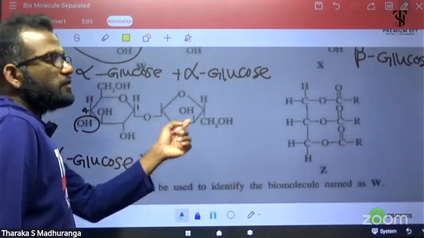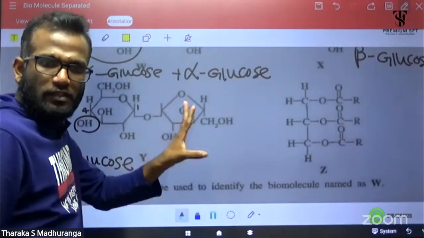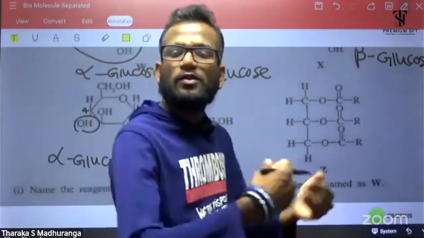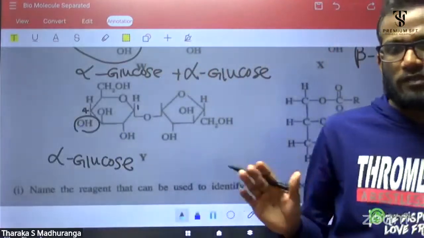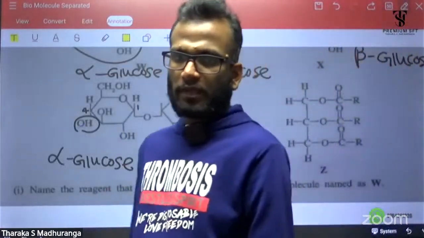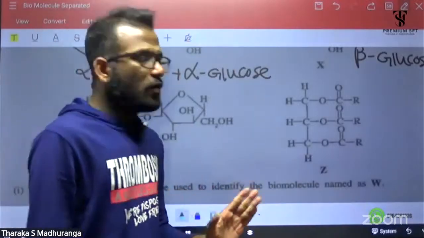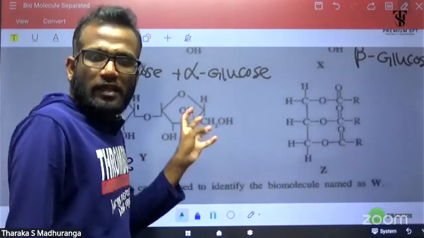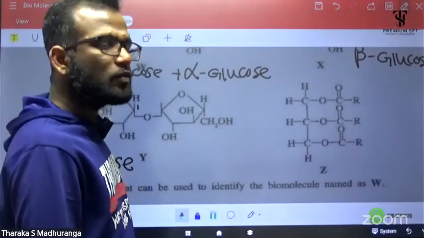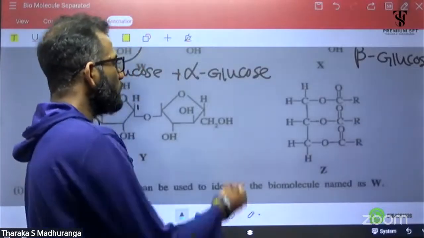Okay, what is this? If it is a pentagon shape monosaccharide, no need to think again. It is fructose, alpha or beta fructose. How to decide whether it is alpha or beta? According to this carbon.